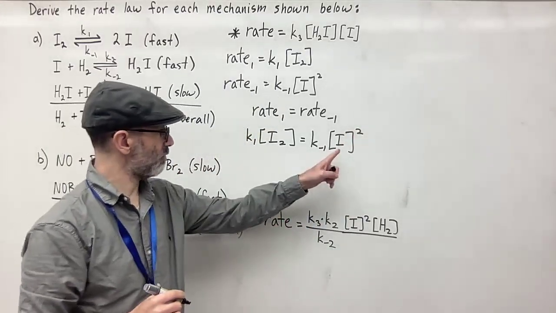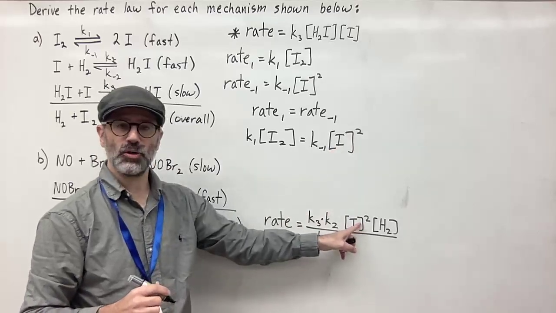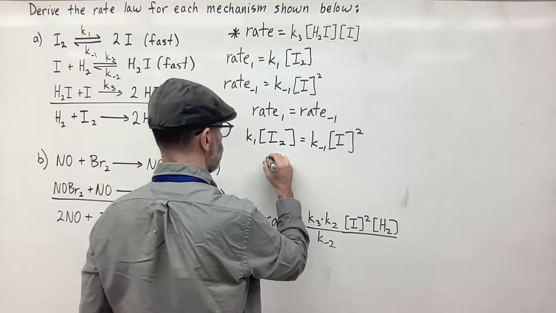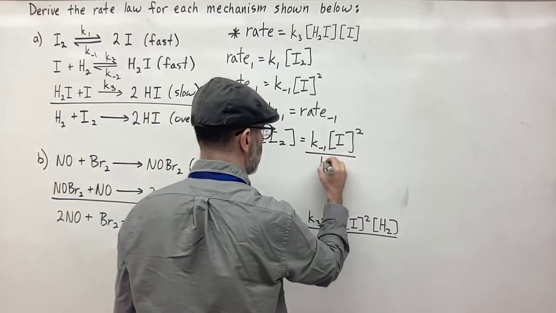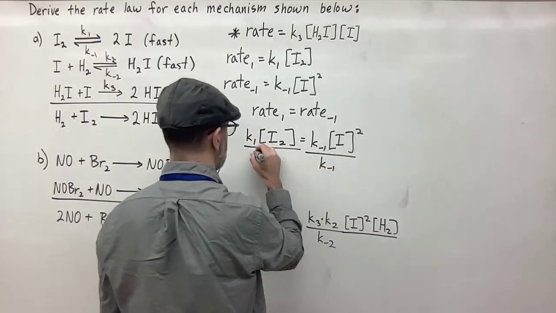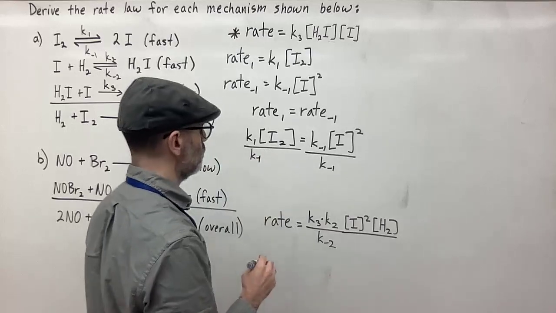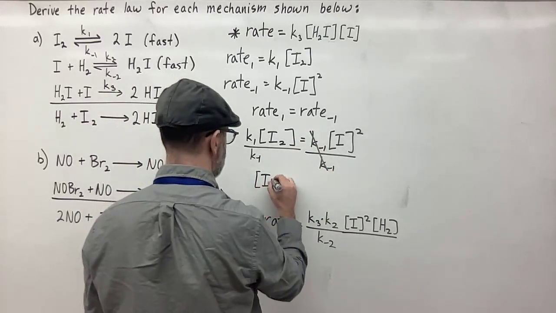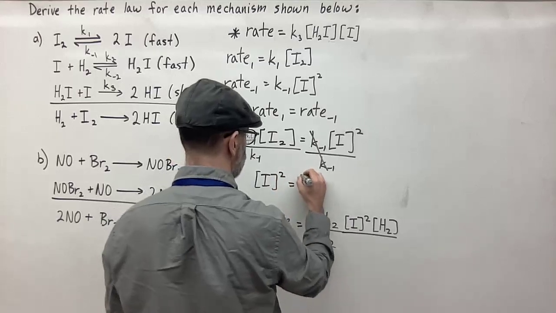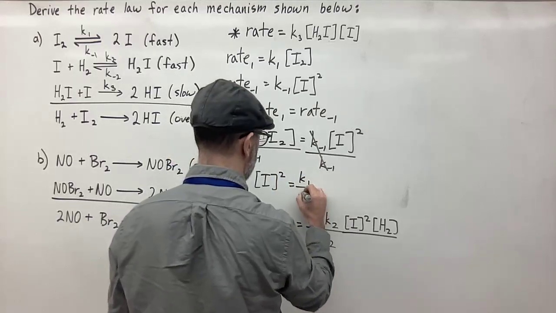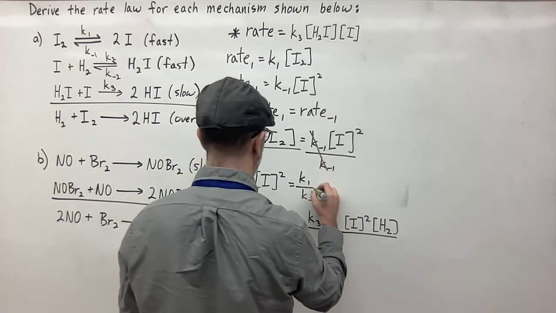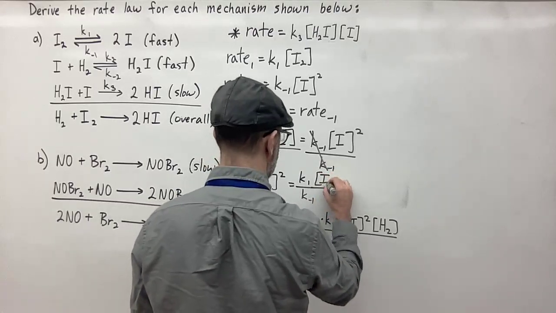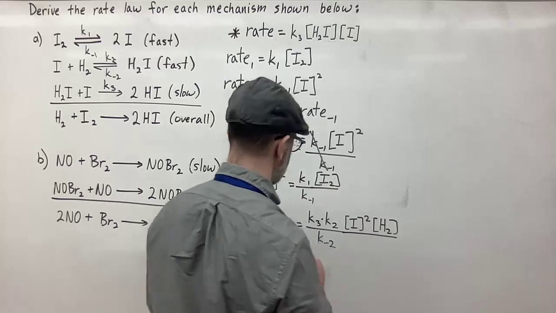Now, look here, we have I squared. We have here I squared. We can solve this for I squared and substitute. So here, if I divide both sides by k minus 1, that cancels out, and I end up with the concentration of I squared is equal to k1 over k minus 1 times I2, the concentration of I2.